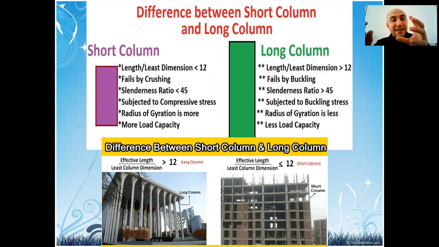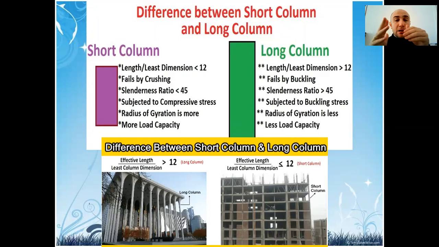At the same time, for a long column the ratio of length or height to its lateral dimension is greater than 12. That's why it's known as a long column.